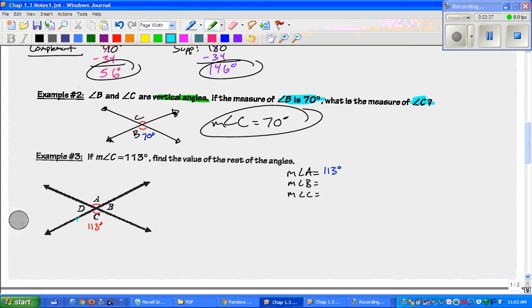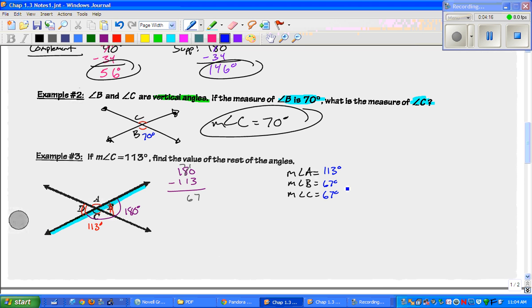Next, we're going to find angle B. We have a straight line, which means that this angle equals 180 degrees. So if you take 180 minus 113, you get that angle B is 67 degrees. And same thing, D and B are vertical angles, so D is the exact same thing.